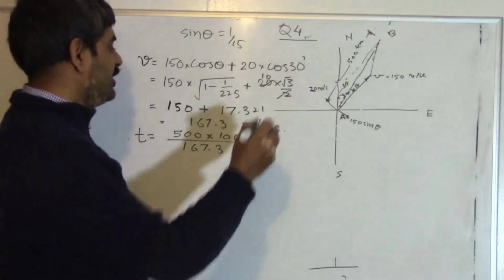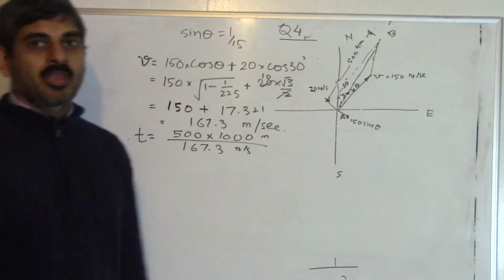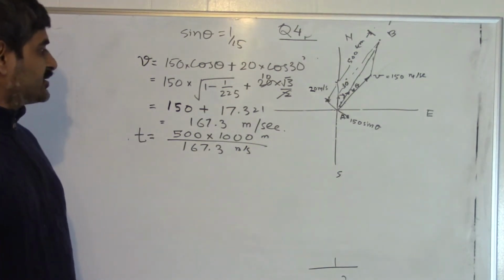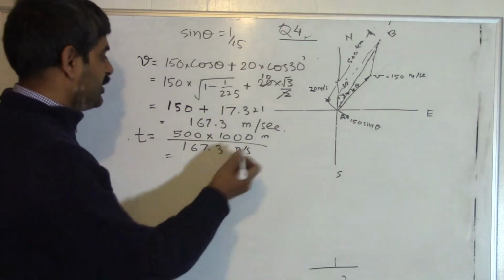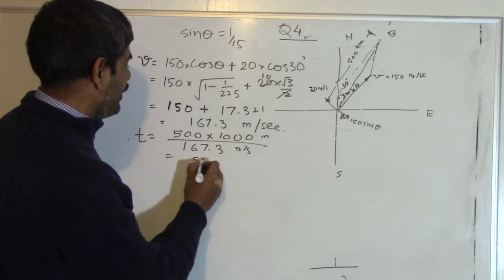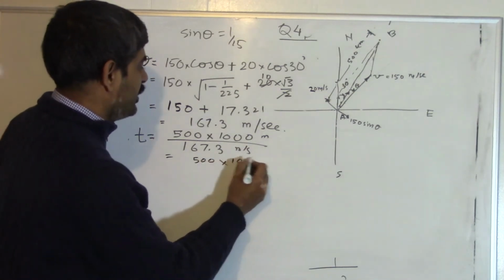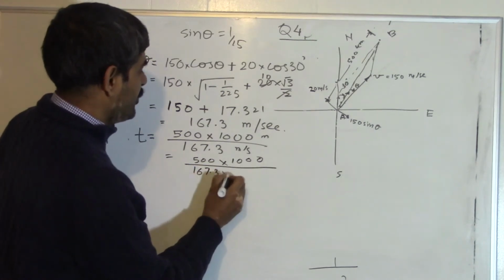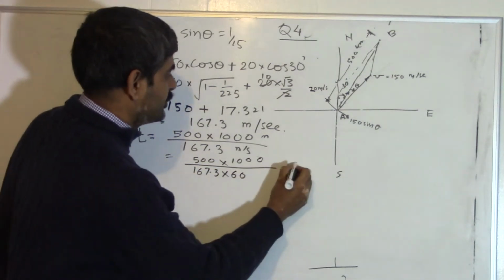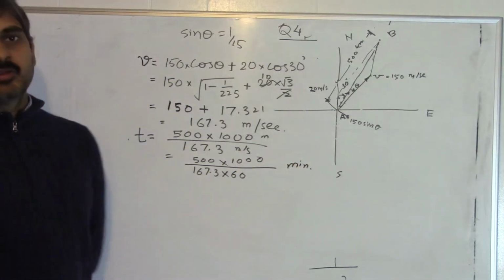This is our time in seconds. We may be required to simplify this time in minutes. So I can do 500 into 1000 divided by 167.3 multiplied by 60, this many minutes.